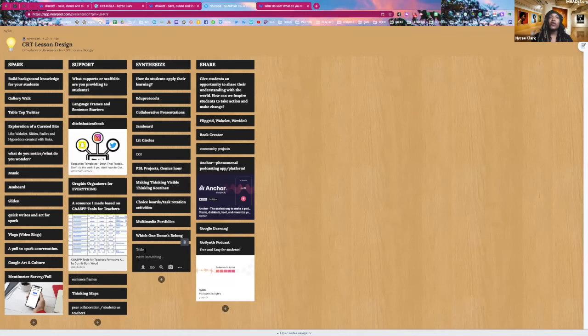Here underneath it, you add a title. At the bottom, you type what you want to share. You can add a link. You can bring in resources if you want to upload from the device that you're on. But this is where you can add to this Padlet. So you can see that there's some things there, but if you could take a few minutes to add, that would be amazing.